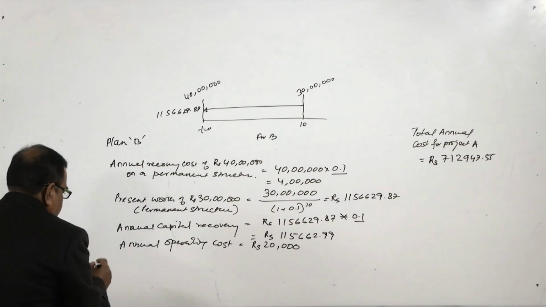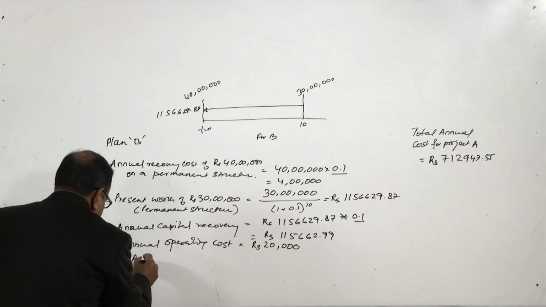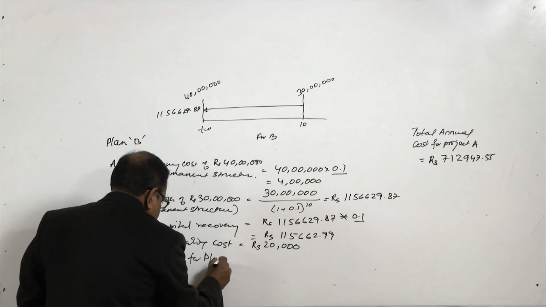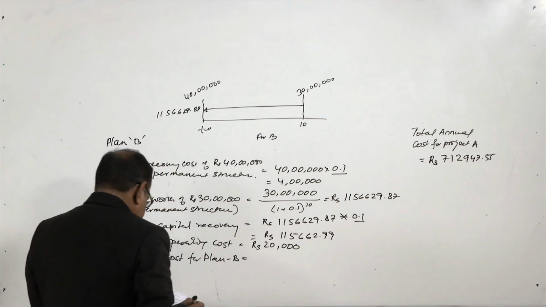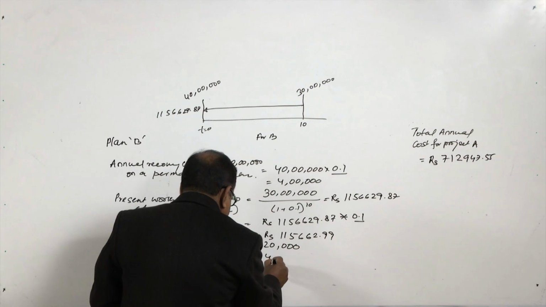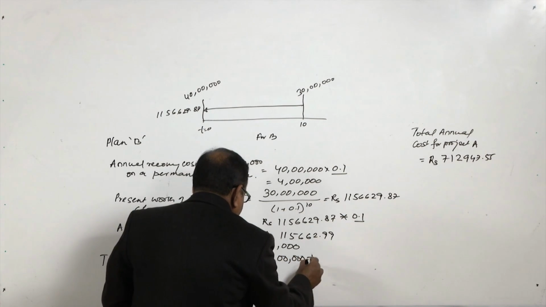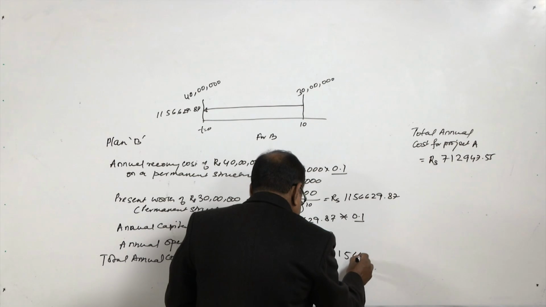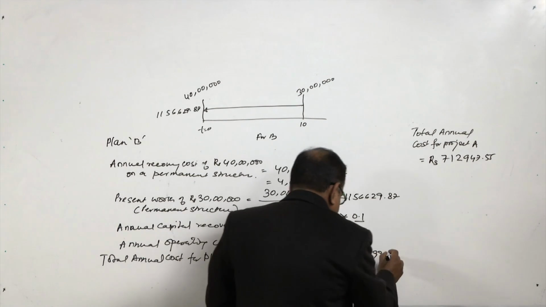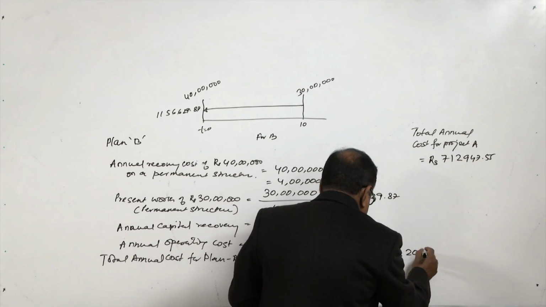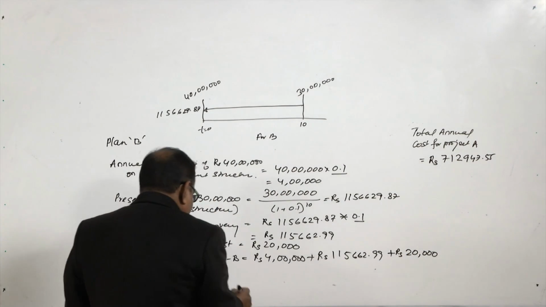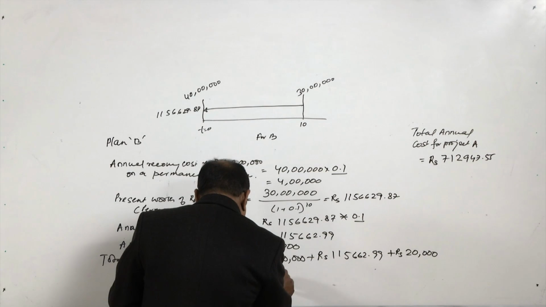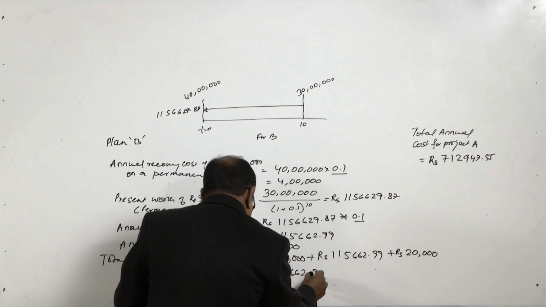So, the total annual cost for plan B is equal to rupees 4 lakh plus rupees 115,662.99 plus rupees 20,000, and when we add this up, it becomes rupees 535,662.99.